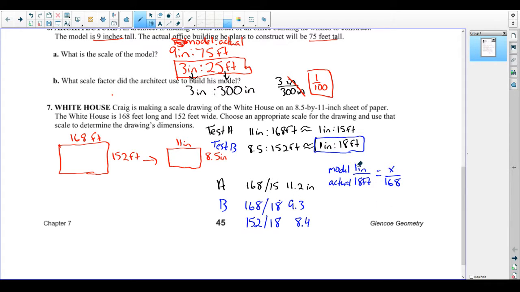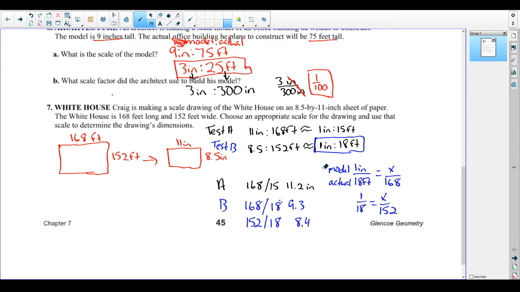If we solve this, you notice it's 1 times 168 divided by 18, which is what we did here. And then we could do a similar proportion, 1 over 18 equals x over 152 for our other side. We could also make proportions using this 1 to 15 scale, but again, you would get side lengths that won't work. They'll be too big to fit on the paper.